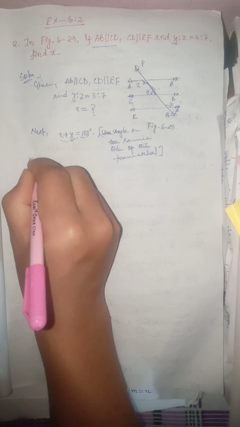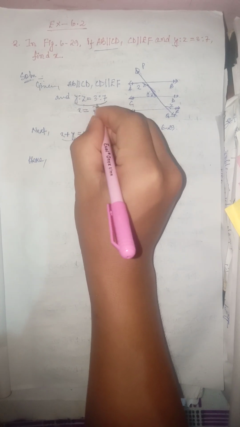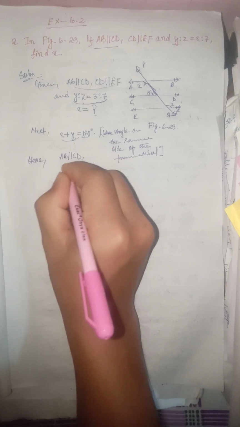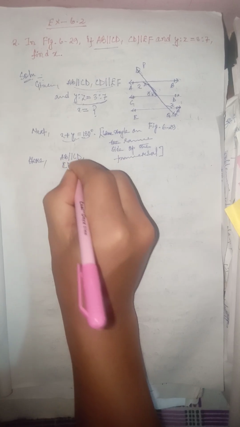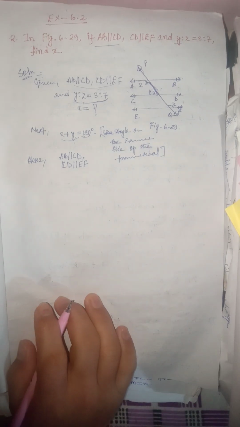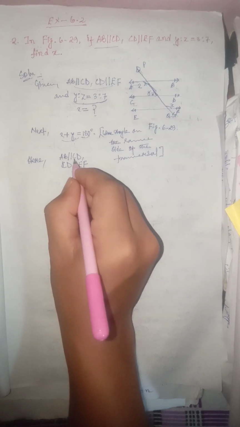And what is given to us, this one. But before this, let me take this one. AB is parallel to CD, and after that what do we have? It is CD parallel to EF. Now let me check here, AB is parallel to CD, CD is parallel to EF.